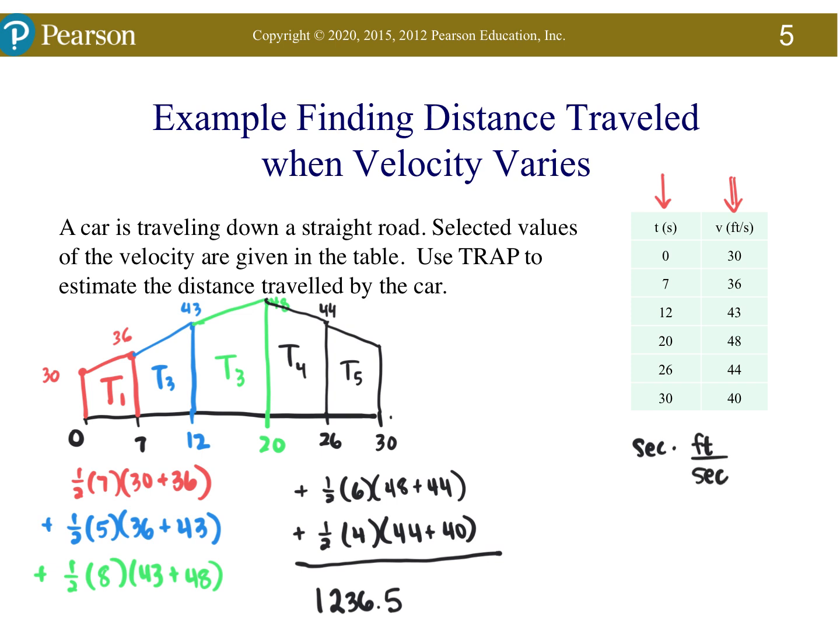So time multiplied by feet per second. And then if we do that, the science tells us that our units of time reduce. And so feet is what we come up with. And so this is a measurement of distance. The distance traveled by the car is 1,236.5 feet as our best estimate during these 30 seconds that the car was moving.